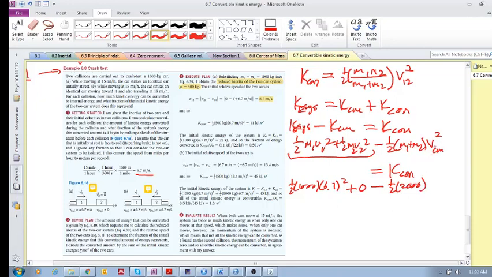The velocity of the center of mass is the velocity of the zero momentum reference frame. And how do we calculate that? Remember, the velocity of the zero momentum reference frame, or the center of mass, is simply equal to the total momentum, the sum of the momenta, divided by the sum of the inertia. The momentum is inertia times velocity plus inertia times velocity. We know the velocity of this one is 0, so this is going to be m1 v1 divided by m1 plus m2.